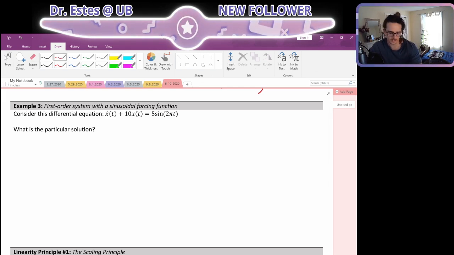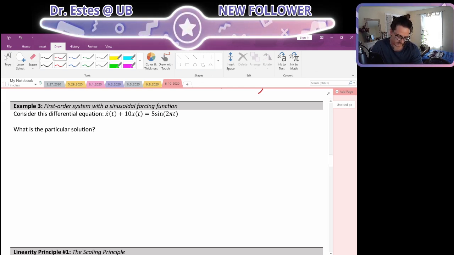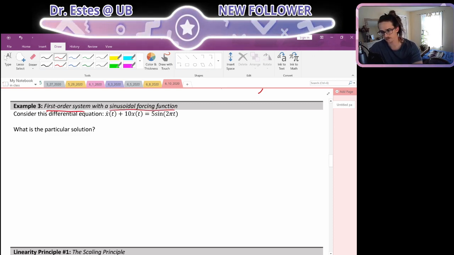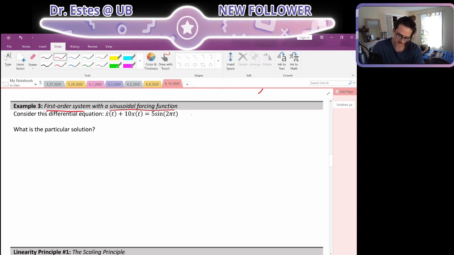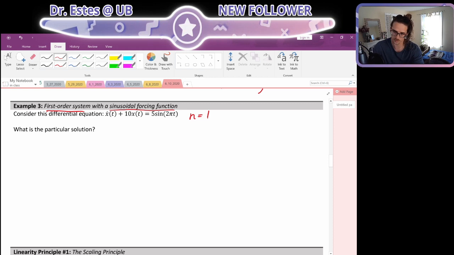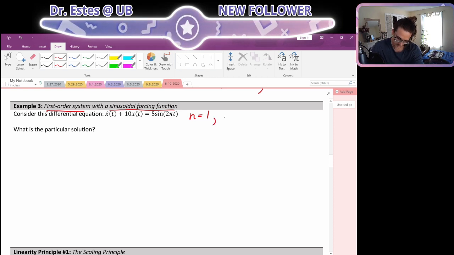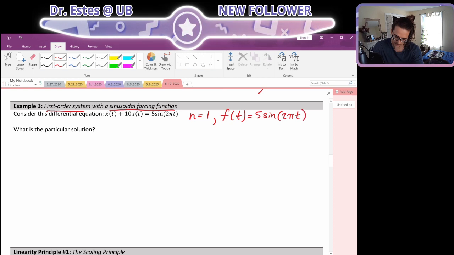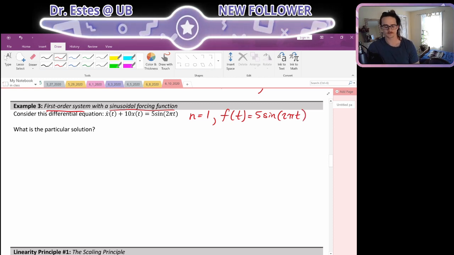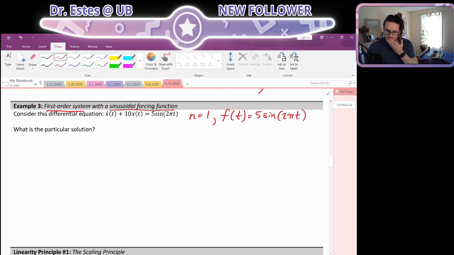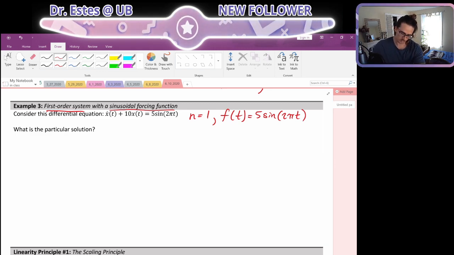All right, so we have a first order system again, but this time we're having a sinusoidal forcing function. So we want to get the particular solution in this case. So n equals 1, and f of t is 5 sine 2 pi t.